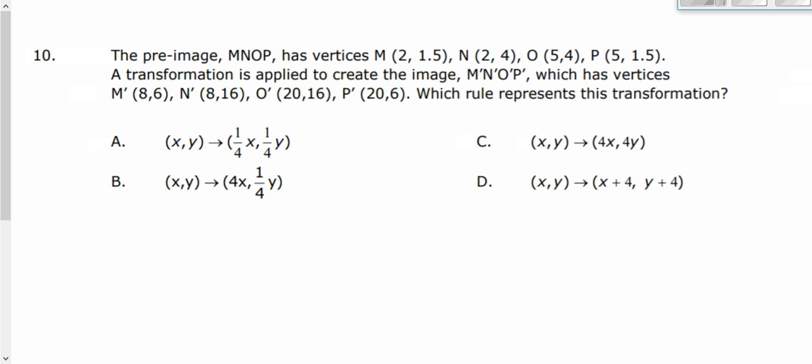Okay, so I'm going to take one of my original points and one of my new points, and compare those. It doesn't matter which ones I take. The decimal might be confusing, so I might take something that's a whole number. So I have 2 and 4 and 8 and 16.